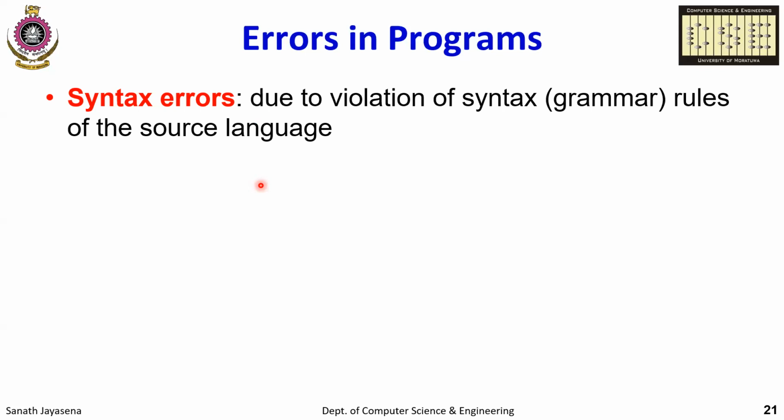The compiler or the interpreter tries to understand the code and it is not valid code. It has rule violations. So it will not complete the compilation or the interpretation, so you cannot execute it.